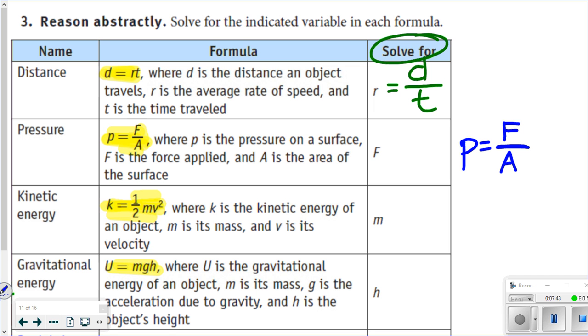So we need to multiply both sides by A. These cancel. Remember, if things are being multiplied together, we can just smush them together. So I'm going to write F equals AP. See, A times P, AP. If you wanted to, you could also write F equals PA. The order here doesn't matter. AP or PA.